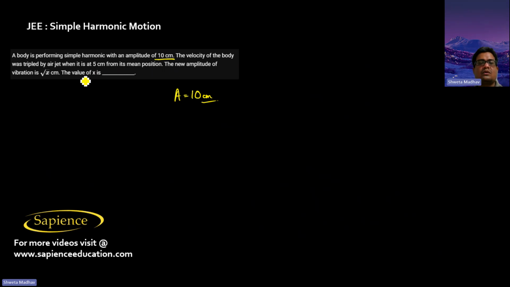The new amplitude of vibration is root x centimeters, then the value of x is? Our body is performing simple harmonic motion with an amplitude of 10 centimeters, so the amplitude will be 0.1 meter. The velocity of the body was tripled by the air jet when it is at 5 centimeters from its mean position, and the new amplitude is?